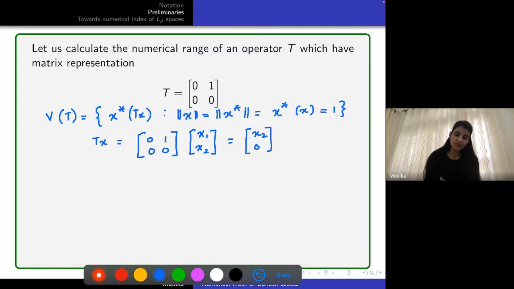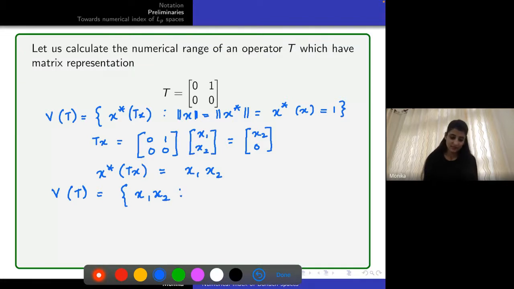Now, if we compute x star Tx, we will get x1 x2. So this set V(T) is nothing but x1 x2 such that x1 square plus x2 square is 1.